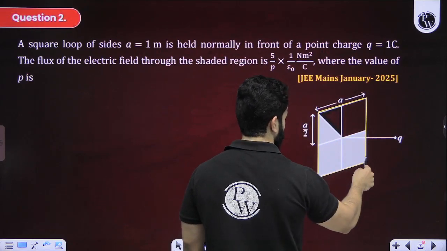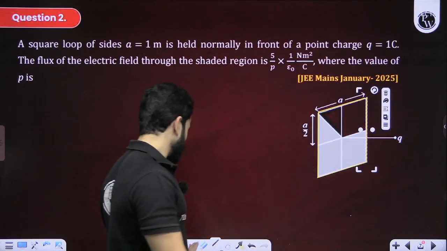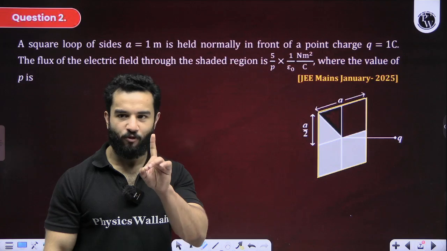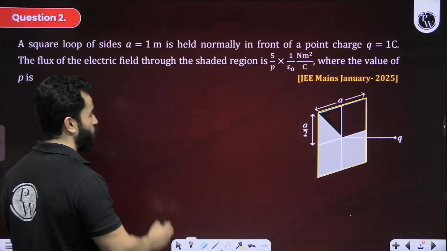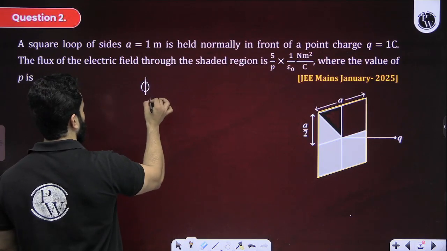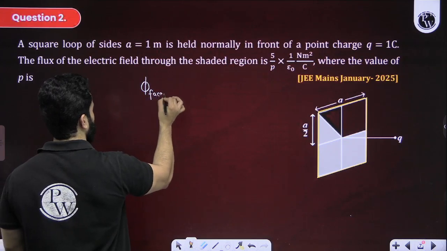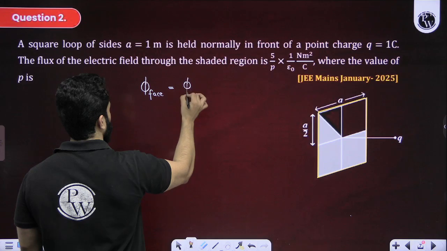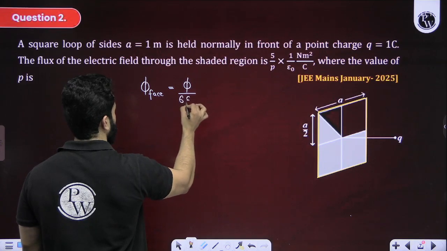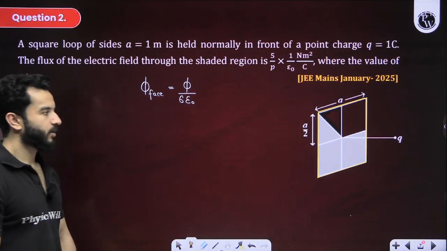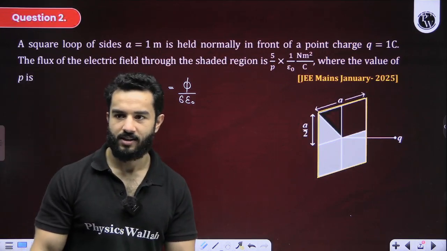Now we know that this looks like one face of the cube. So the flux linked with one whole face is actually nothing but Q upon 6 epsilon naught, because there are 6 faces.